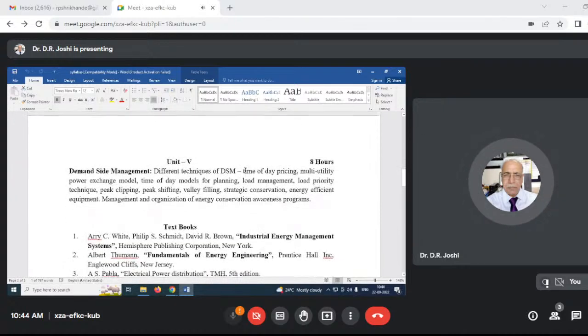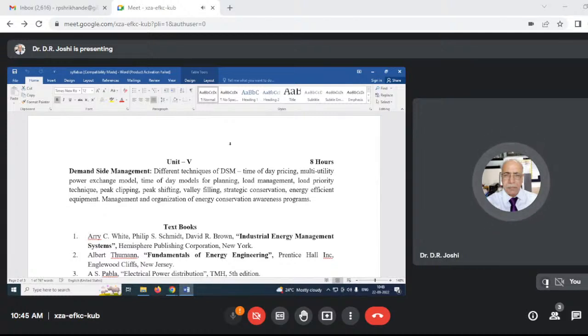Okay, and here now we're coming to demand side management, with different techniques of demand side management. Demand side management is basically customer related: how you can charge the customer.